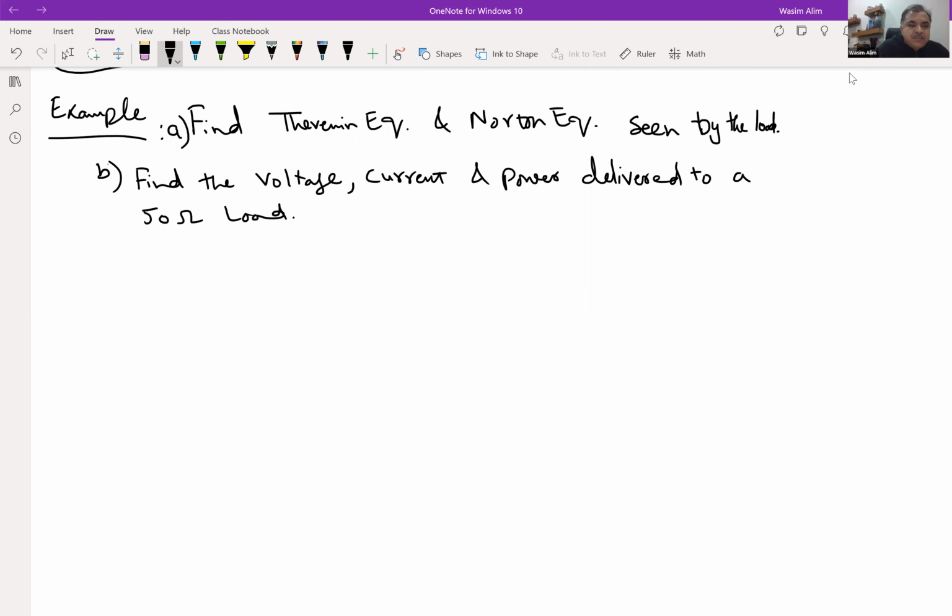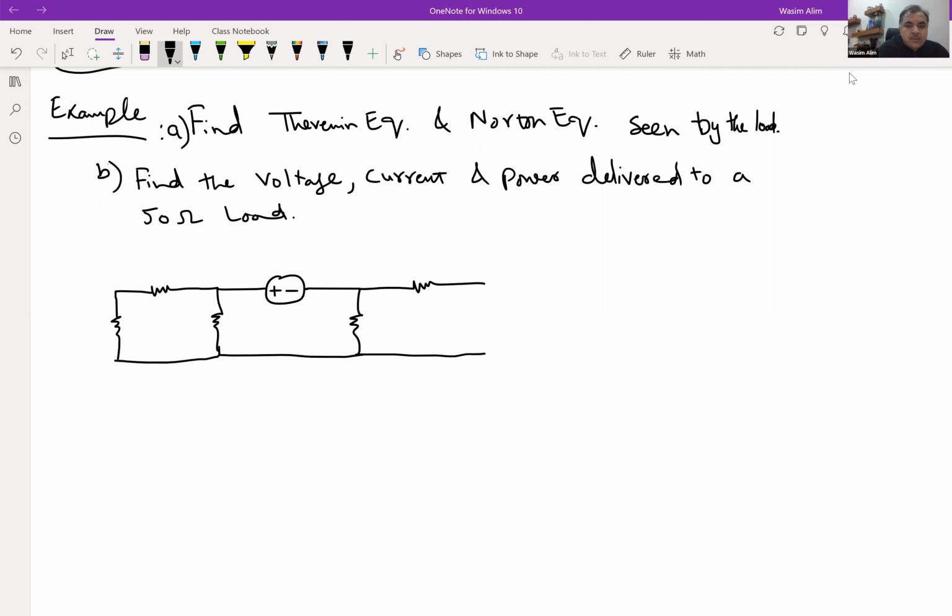So here we are drawing the circuit, and this is the load. So now of course, there'll be some current passing through it also.